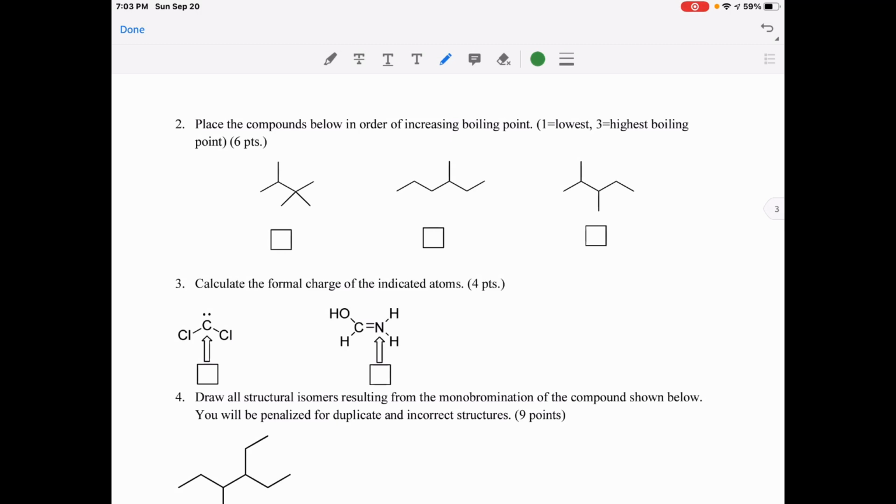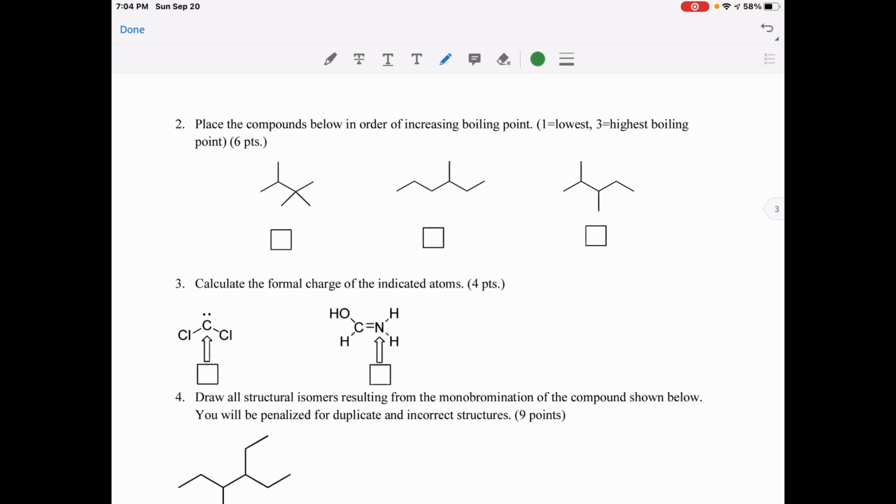Specifically, since we're dealing with alkanes for which there are no dipole-dipole moments or any sort of permanent dipoles present, we are dealing with dispersion forces. And dispersion forces can vary in a compound by two primary factors: the molecular weight and the surface area of that compound.